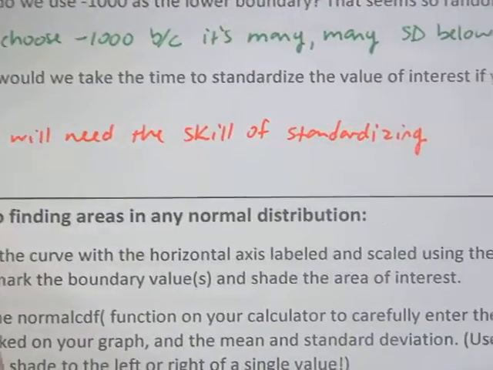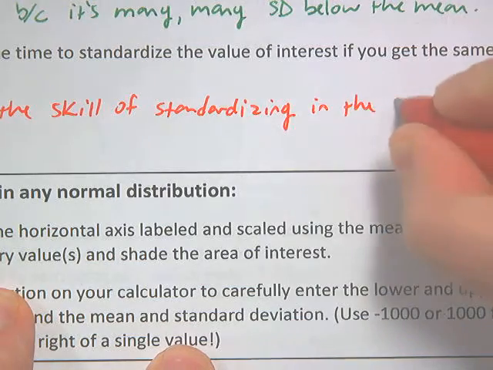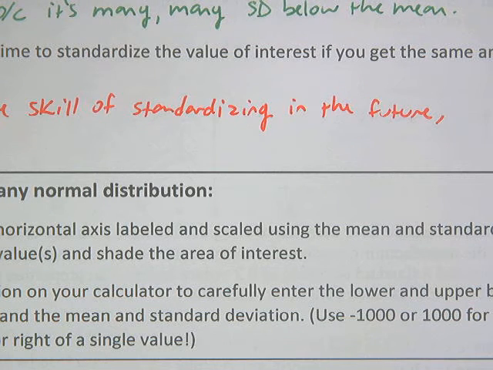You will need the skill of standardizing in the future. But you can use either set of values in the calculator. Your calculator can handle either one of those. In college statistics, you won't be doing this stuff in the calculator.